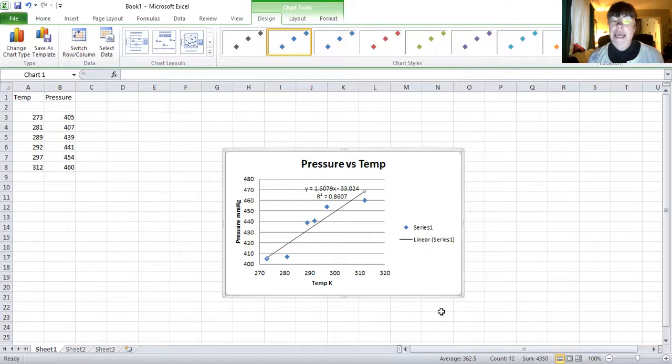My y-intercept, the plus b, is negative 33.024. I would prefer if my r was 0.95 or better. Okay, think of it as kind of like 95%.